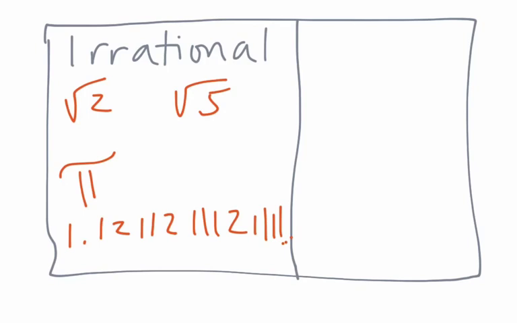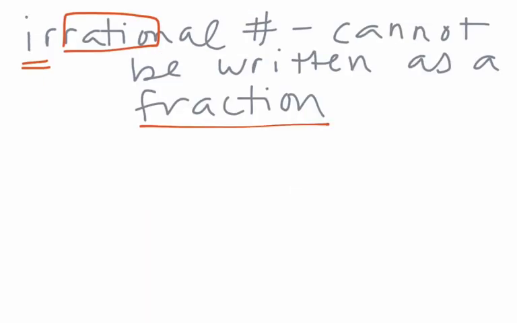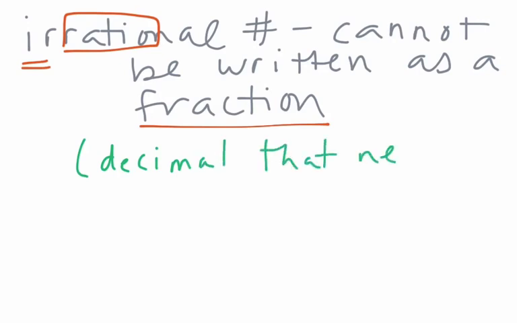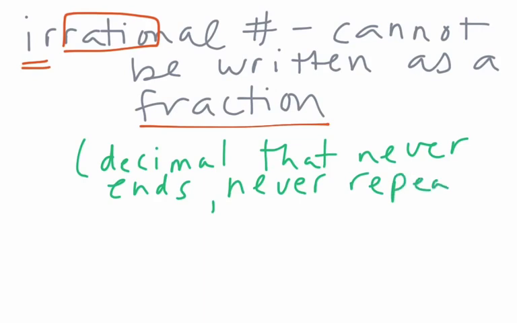An irrational number is a number that cannot be written as a fraction. You might also see this definition of an irrational number: it is a decimal that never ends and never repeats. It's a non-repeating, non-terminating decimal.